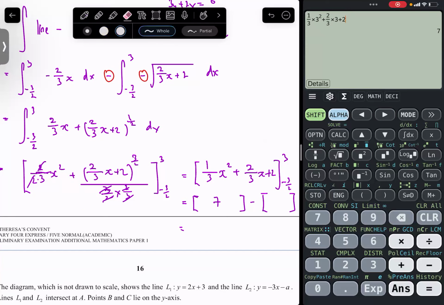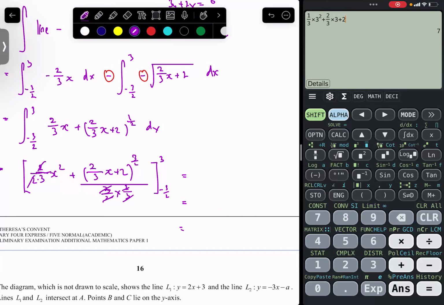What am I doing? Okay, again, sorry, it's a little bit untidy. So it's 1/3 x squared plus (2/3 x plus 2) to the power of 3 over 2, from -3/2 to 3.